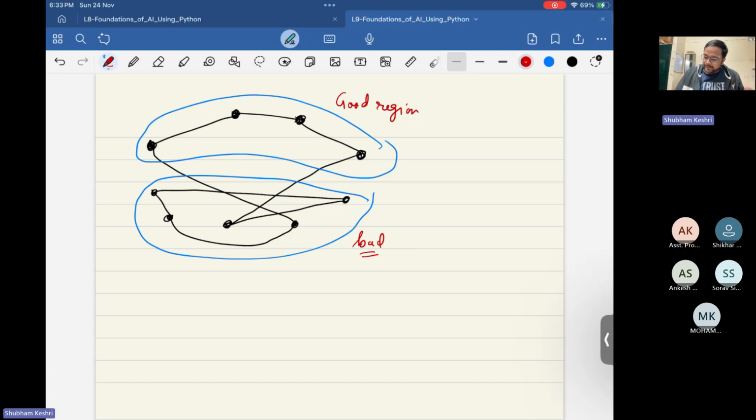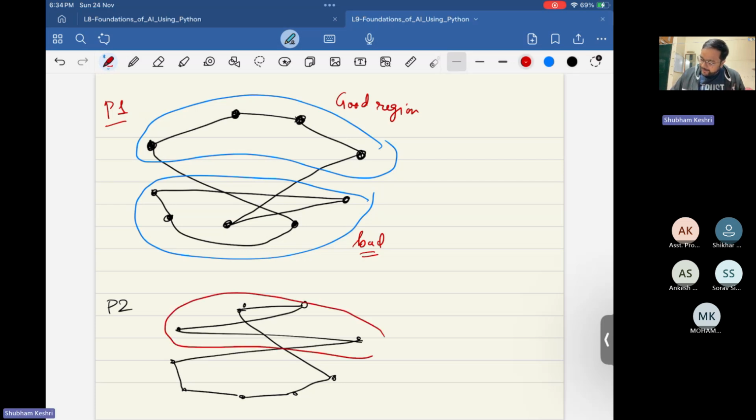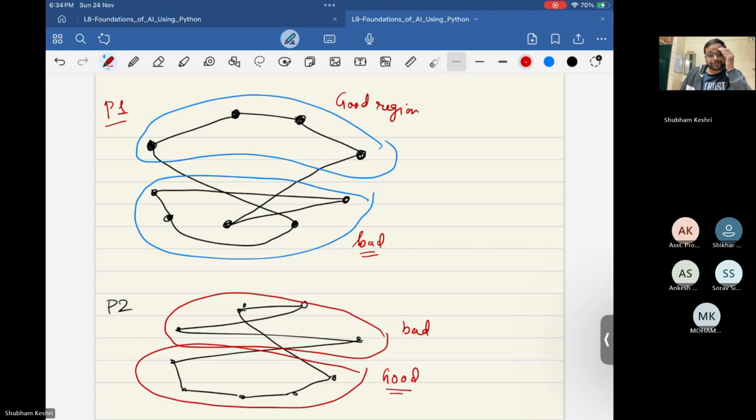So suppose this parent one is combined with another parent which had this kind of regions, right? So this parent has this region, suppose. Now you see, this parent has this as the bad region, and this as the good region, right? For the traveling salesman problem. So the upper part is a bad region, the lower part is a good region.